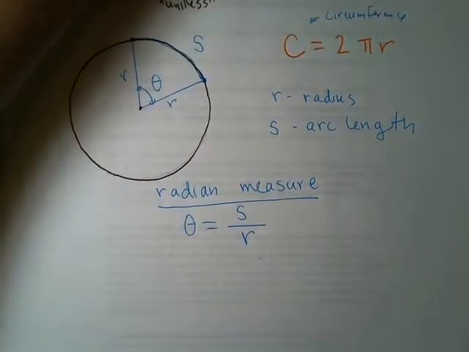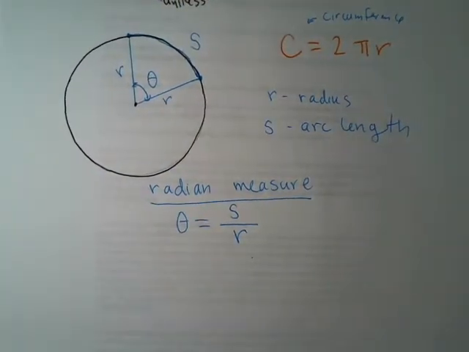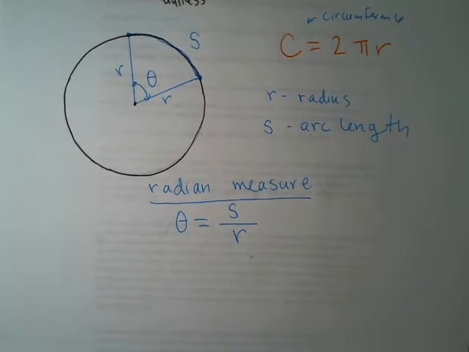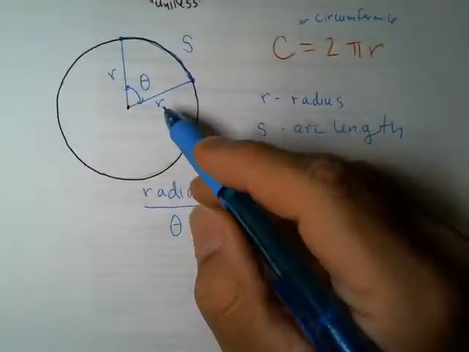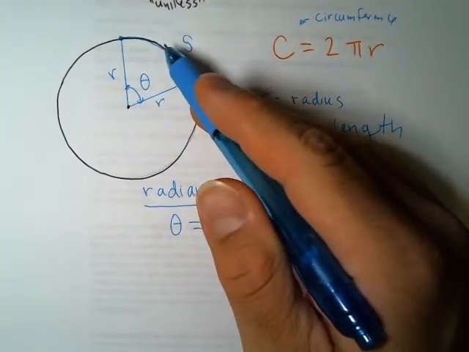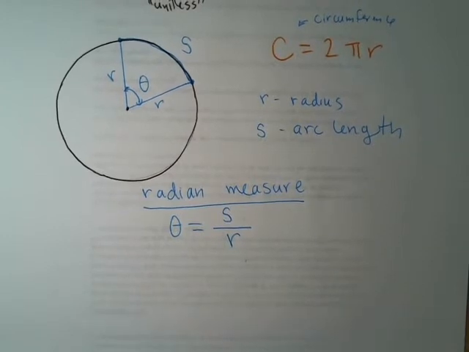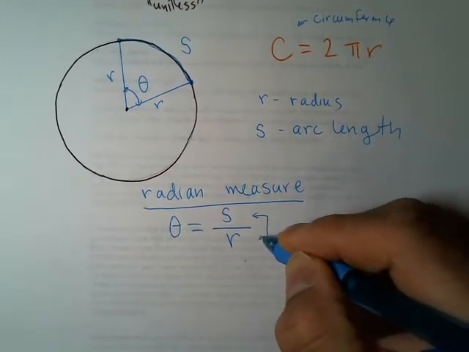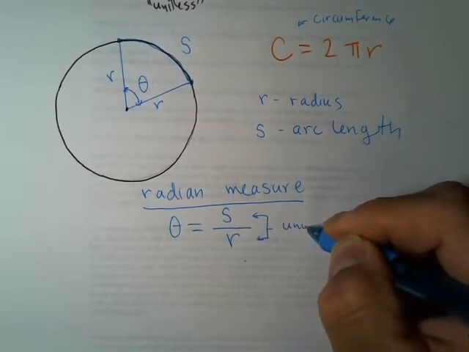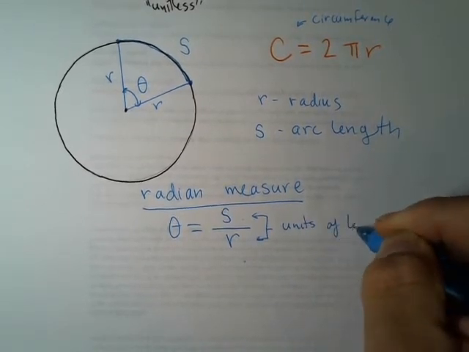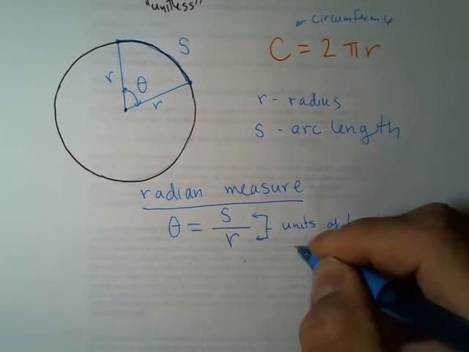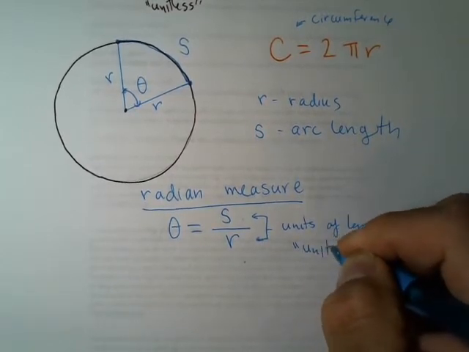Now, we can see why it is unitless. Radius and arc length are both measurements of length. If this is in inches, that would also be in inches. So when we have inches over inches, the units cancel out. That's why it is unitless.